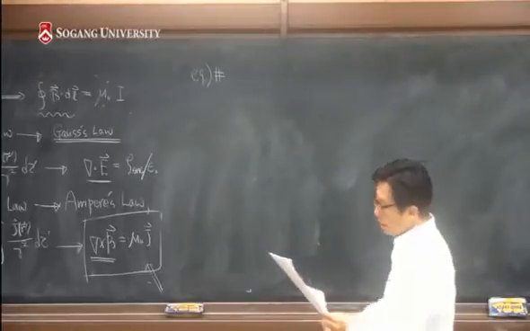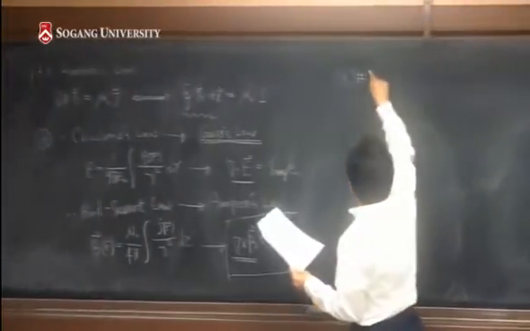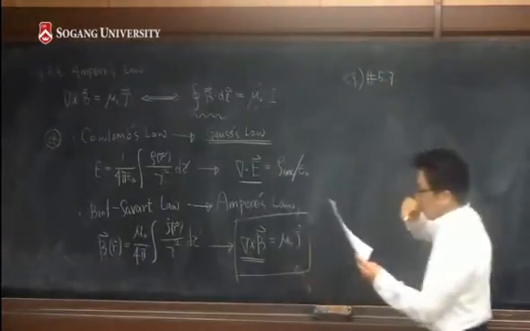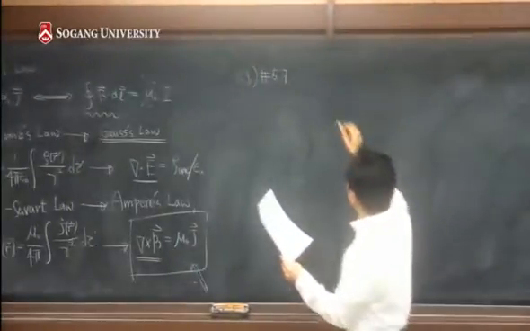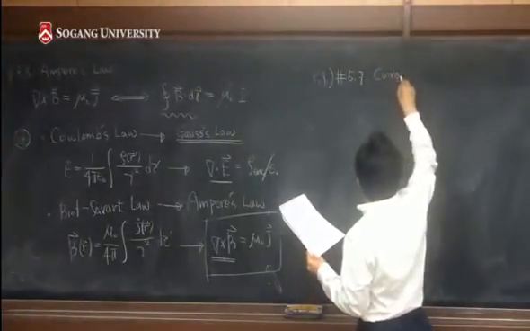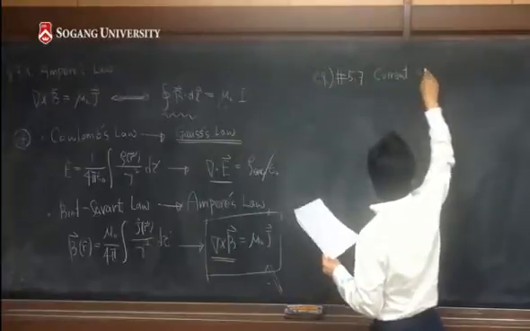Example 5.7 is about the current in a wire.